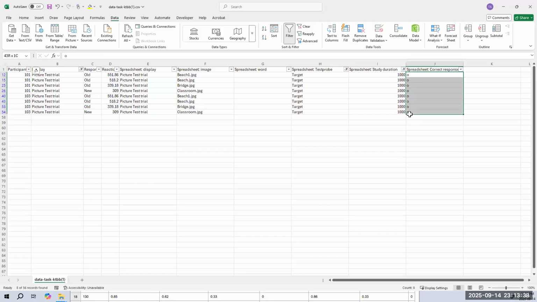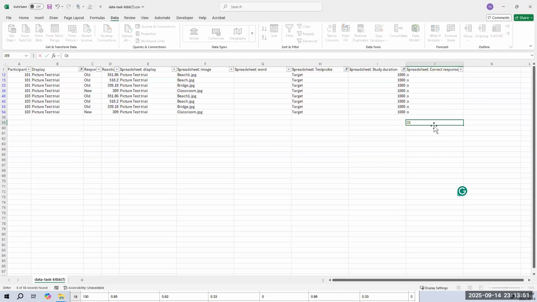And now you can see all these were old in terms of correct response. And I had two incorrect, right? So 8 out of 10. So I'll say 8 out of 10 old. So my measure here would be old target. That's one variable, target.